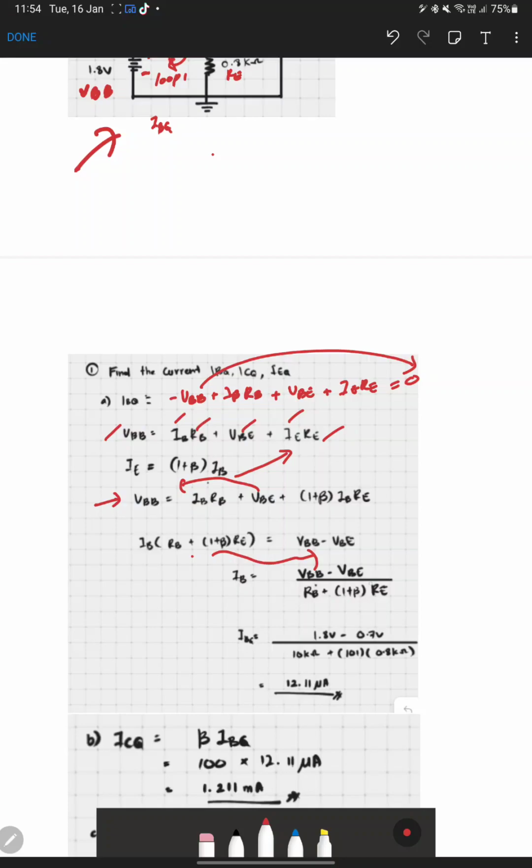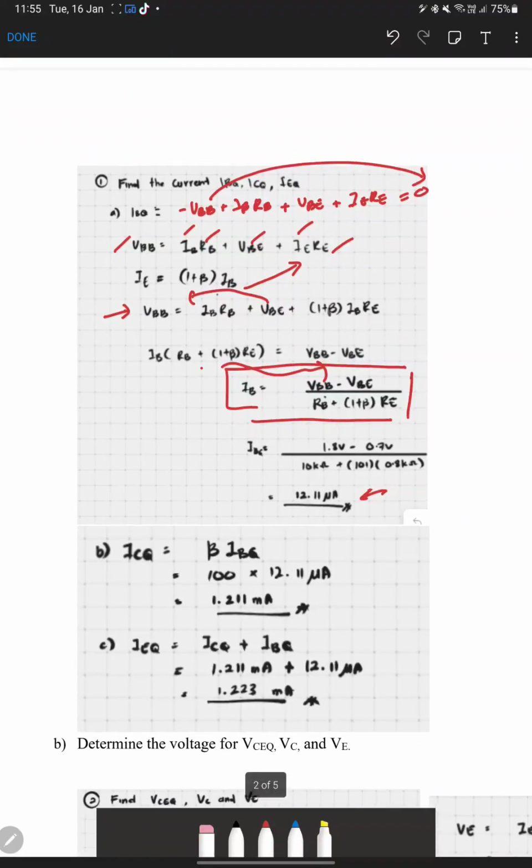So after we got this equation, then we can replace all of the parameters, right? After we got the parameters, we calculate, and we got a value IB equal to 12.11 micro. Usually in most cases IB is very low, a smaller value, usually in micro units, right?